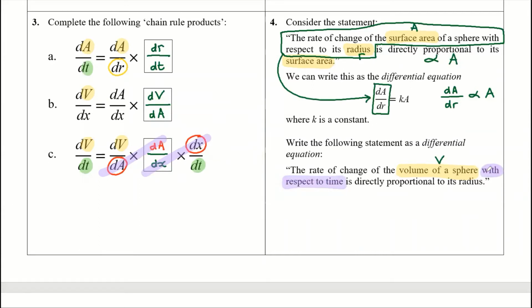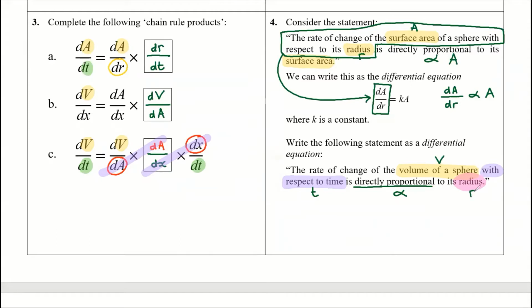So we're going to call that t, little t. And this is directly proportional, so I know that's my fish symbol. And then the last thing we've got is the radius, which we've been calling r. So this is what we will call r.